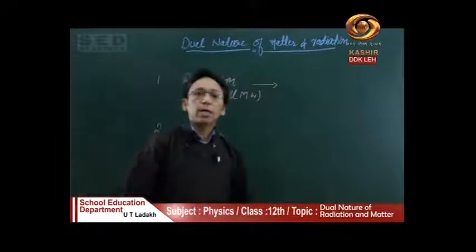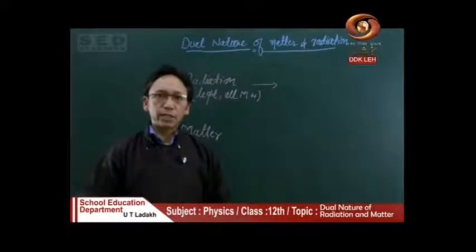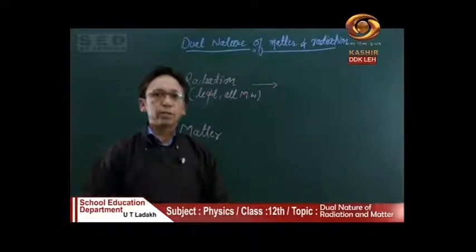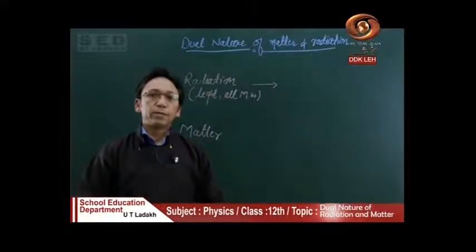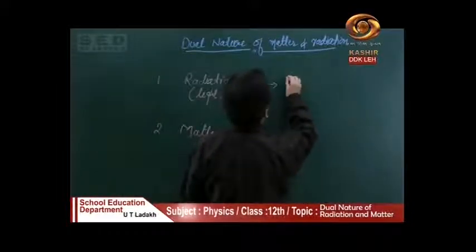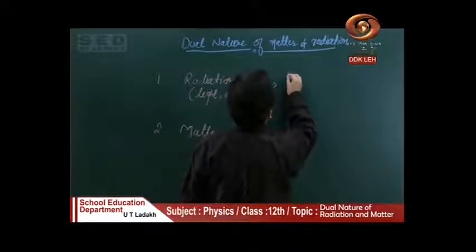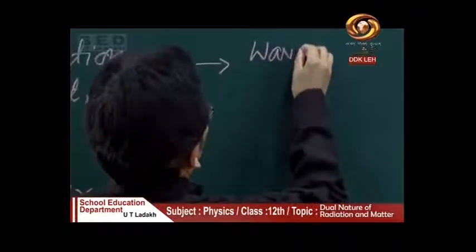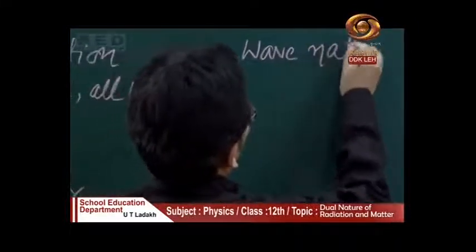As per the classical physics, which is the physics up to the end of the 19th century, the nature of radiation is known as wave nature.